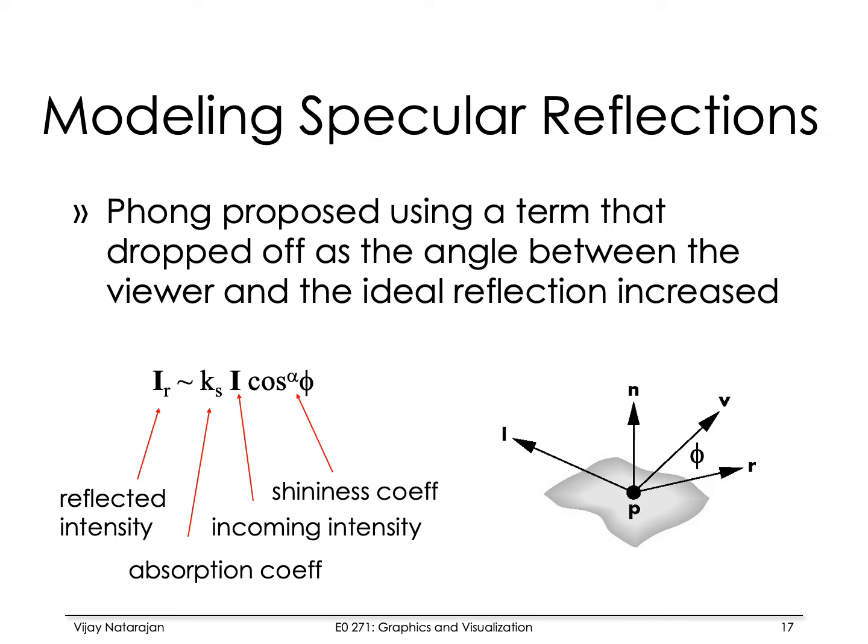So if phi is 0, then V is in the direction of R, we get maximum intensity, then the intensity falls off as we go away from R. So you can imagine that for a mirror, this falls off immediately. So the only reflected light is along R.